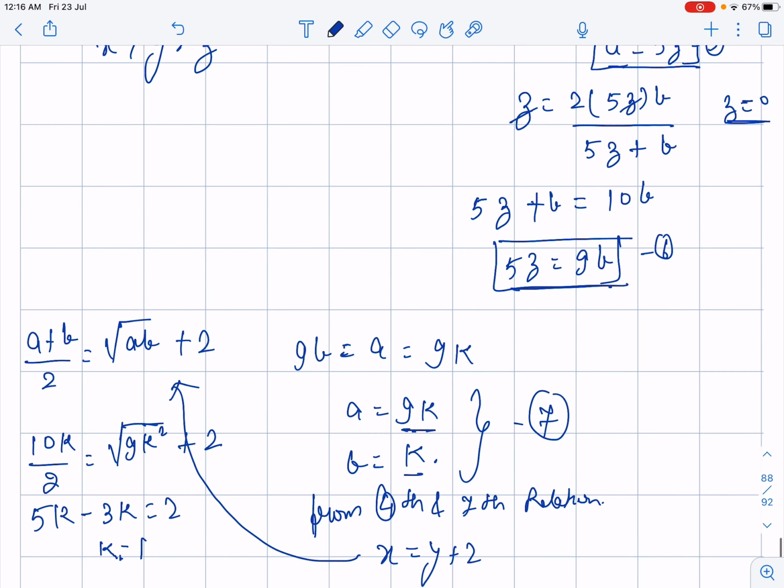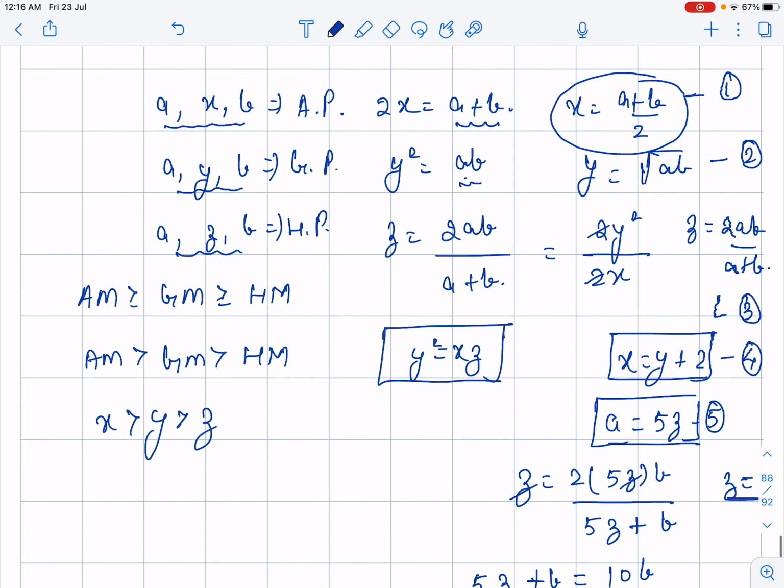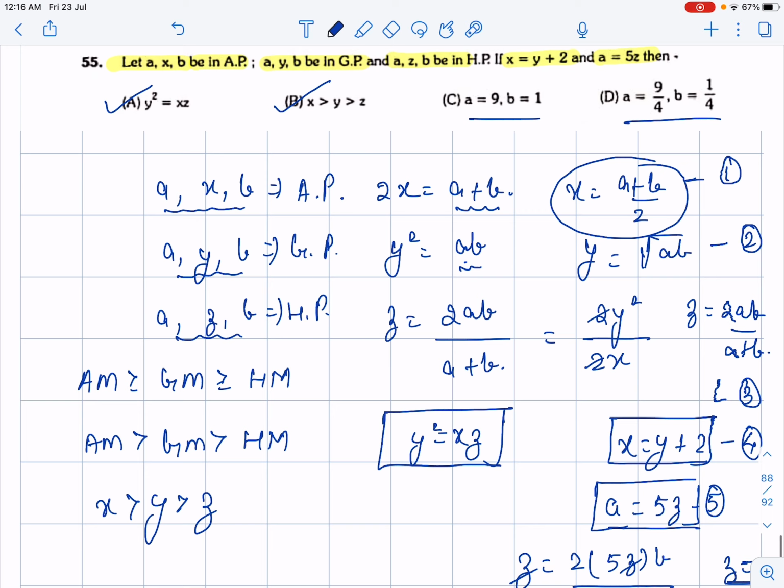As soon as I got the value of k as 1, the value of a will be becoming 9 and the value of b will be becoming 1. So let's see if there is any option with a is equal to 9 and b is equal to 1. Yeah, right. So option C will be even the right answer for this question. Hope you guys would have understood it, would have enjoyed it. Thanks for watching, my dear students.